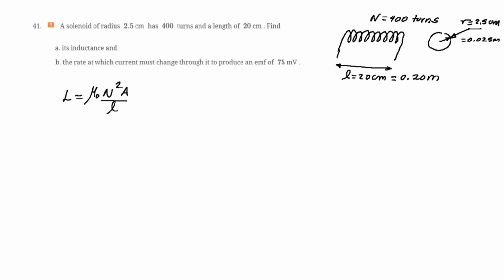I don't know the area yet, so I can calculate the area of the loop, which is pi r squared. It is going to be pi times 0.025 meters squared. So the area will be, in this case, 1.96 times 10 to the negative 3 meters squared.